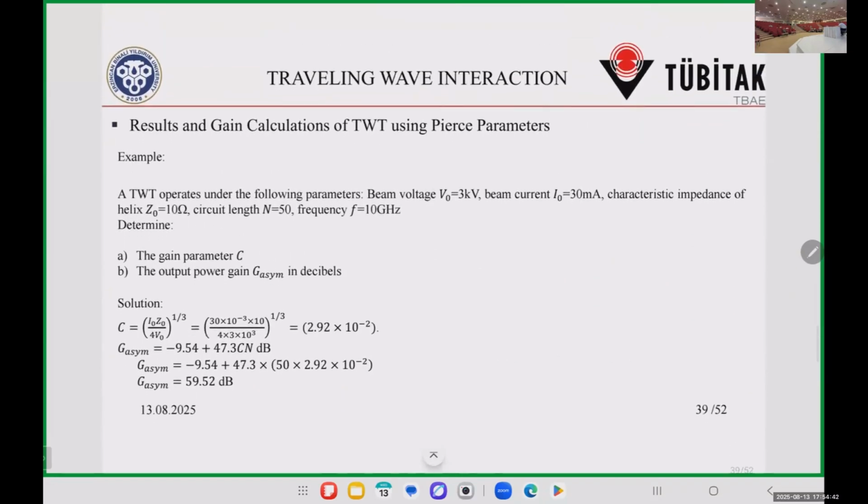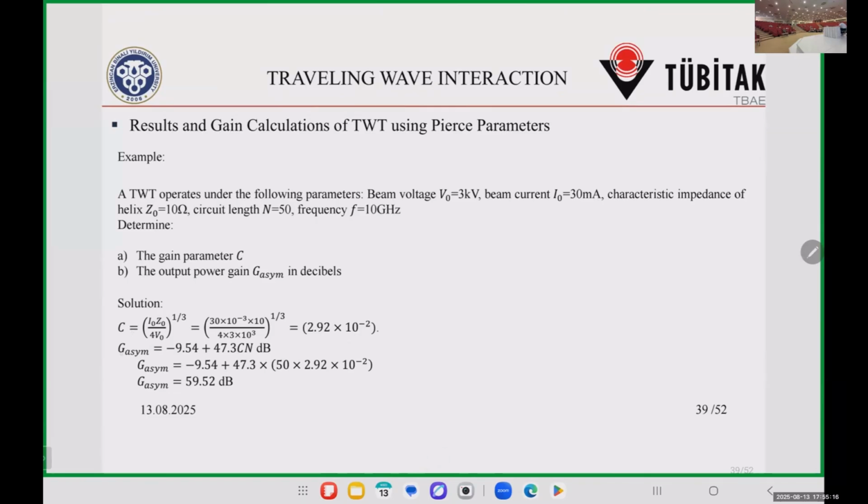A TWT operates under the following parameters: beam voltage V0 equals to 3 kilovolt, beam current I0 equals to 30 ampere, characteristic impedance of helix Z0 equals to 10 ohm, circuit length N equals to 50, frequency F equals to 10 gigahertz. Determine gain parameter and output power gain in decibels.